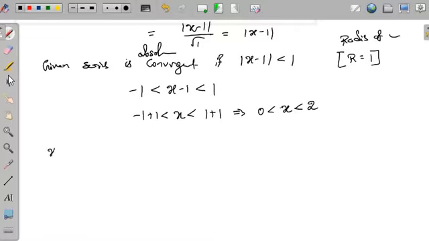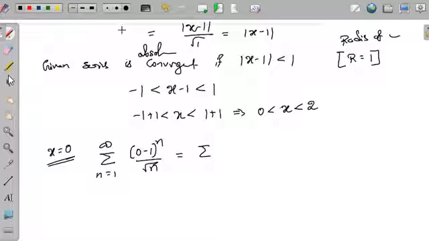So what about the end points? At x equal to 0, summation n equals 1 to infinity of (x minus 1) whole power n by root n. Write x minus 1 first for clarity, then plug in 0, so 0 minus 1 whole power n by root n. And what do you know about this summation?